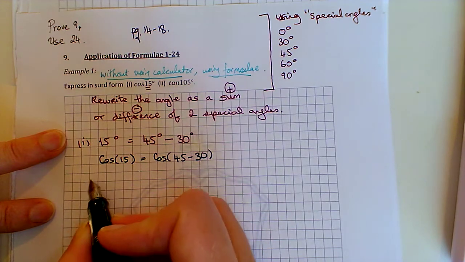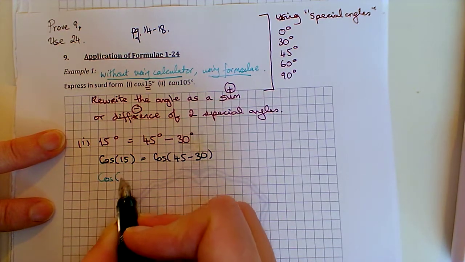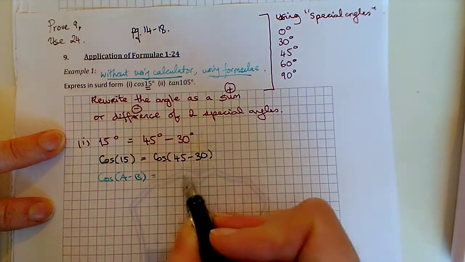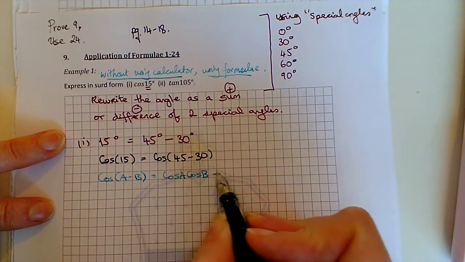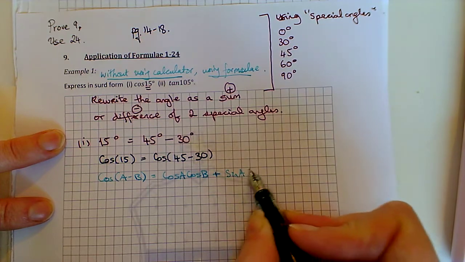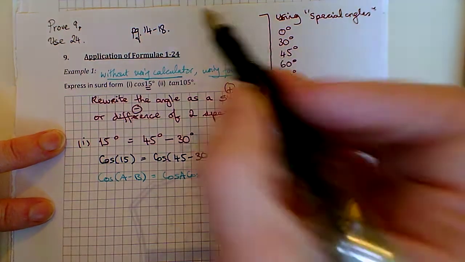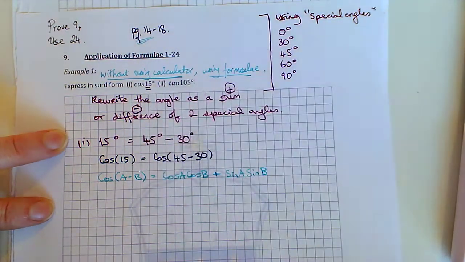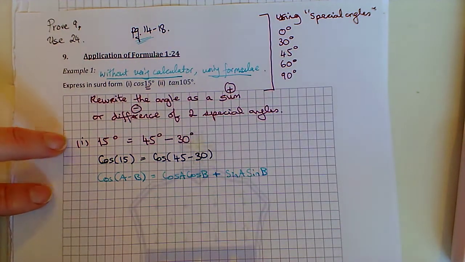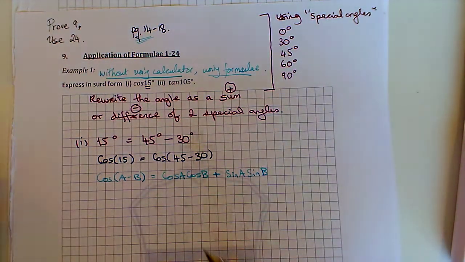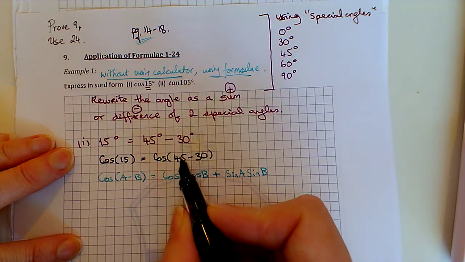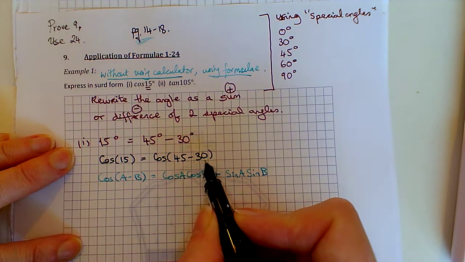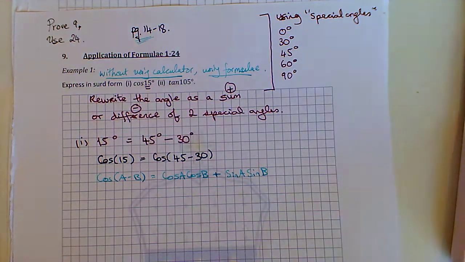So we're going to use the cosine of A minus B is cos A cos B plus sine A sine B. And if you don't remember it, it's in the log tables on page 14, so you can look it up there. So that means I'm going to fill in everywhere I have A in my formula, I'm going to put 45, and everywhere I've got B in my formula, I'm going to put 30.